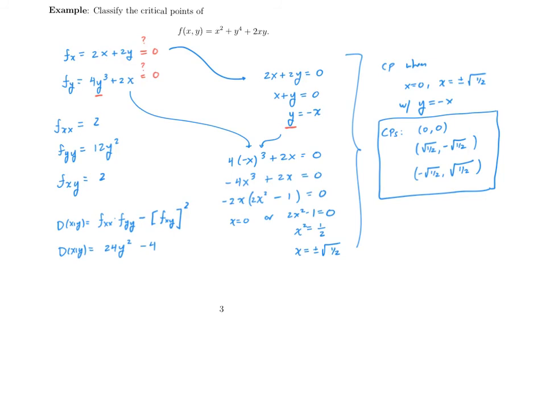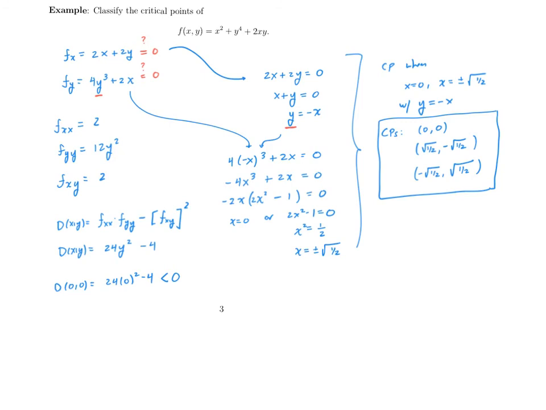And in order to classify our 3 critical points, the first step is substituting in those values. So we have immediately d of 0, 0 is going to be 24 times 0 squared minus 4. And note I'm not particularly worried about exactly what number that is. I just want to know its relationship to 0.